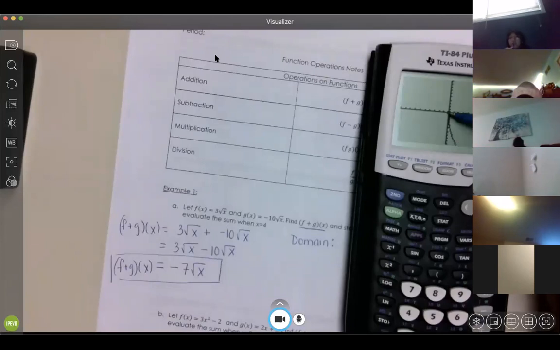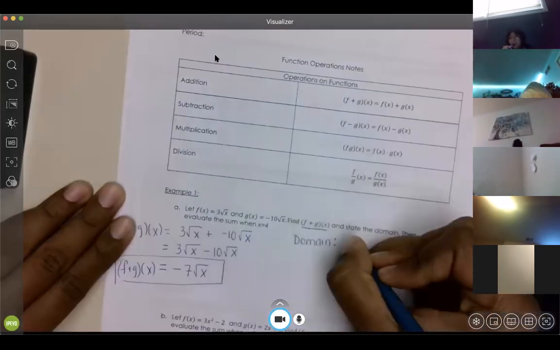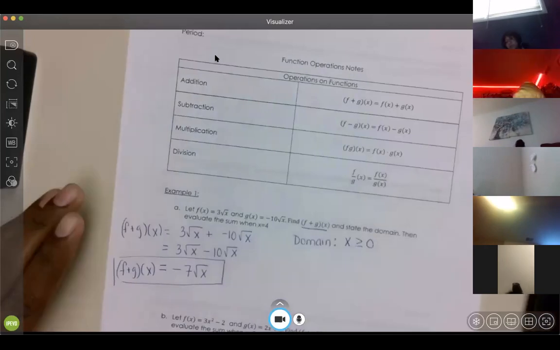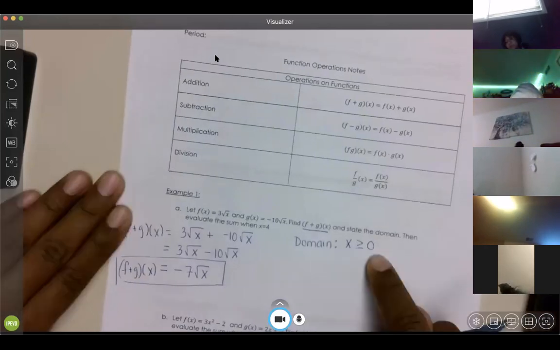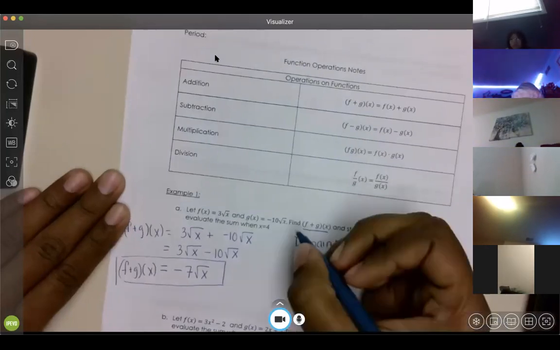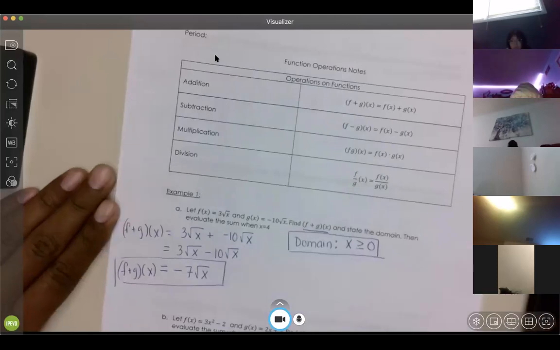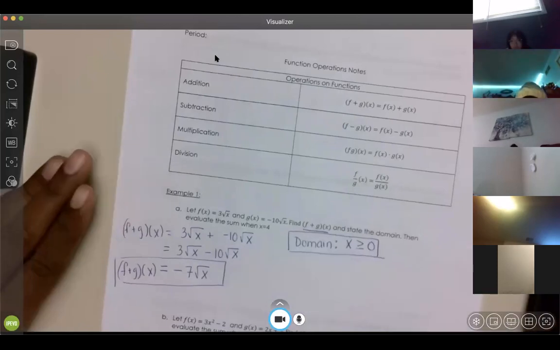All my x values, all my points are on the right side. So that means you can only have positive x values. The way we write that in mathematical terms is x is greater than or equal to 0, because it has to be bigger or equal to 0. You can't have any negative numbers in your domain. Any questions about domain?